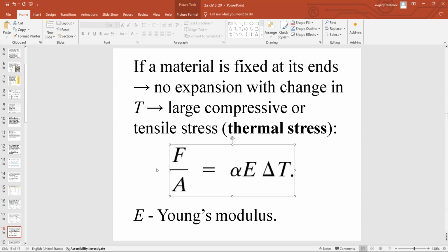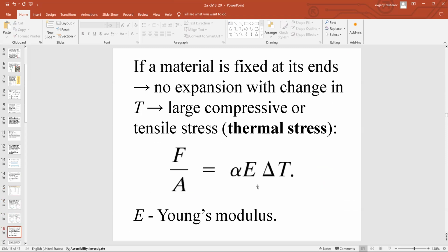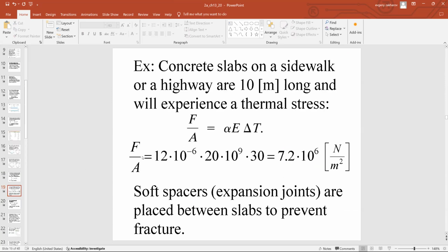So it used to be stress and elasticity. Now it's the thermal stress, and E is still the Young's modulus, and alpha is what you borrow from the table. In here, you've got all different materials, so you can see how much of an expansion you get from a certain thermal stress.